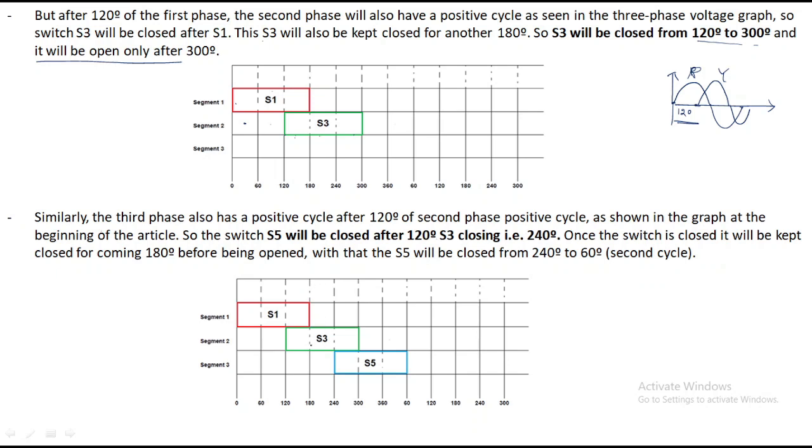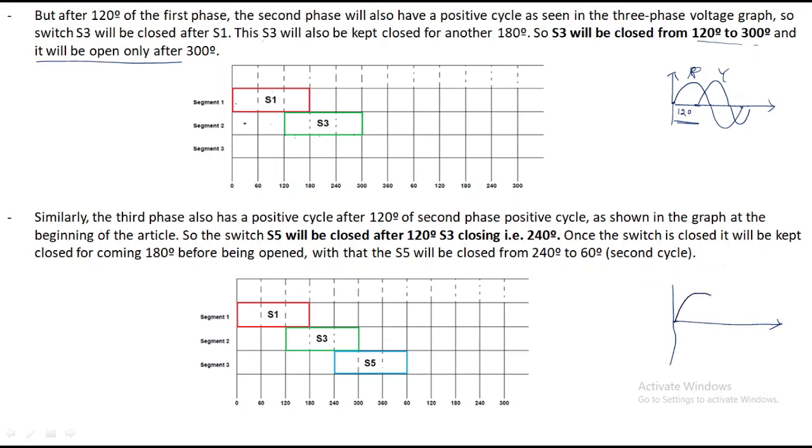So look here. After the starting of the R phase, what happens to the Y phase?